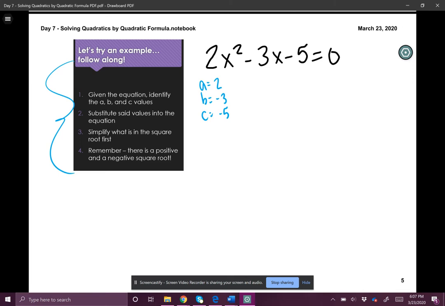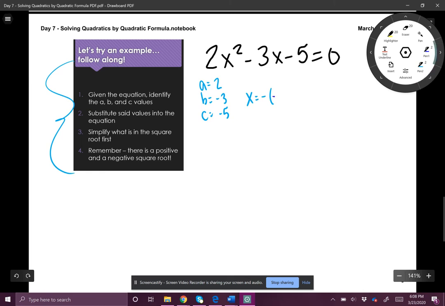Let's remember our formula. Let's go to our song to figure that out, which, by the way, part of your work session today, if you want, instead of doing problems, is you could rewrite the song and perform it on TikTok. So we've got x is equal to -b. Well, b in this case is a -3. So notice how I put that in parentheses to show it's a -b, even though b is already negative.